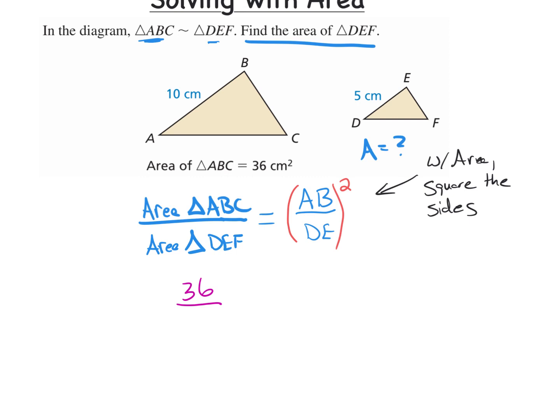If we don't know it, we write a X. All right, it's equal to parentheses. What's the length of AB? 10. What's the length of DE? 5. And we square them. Okay.